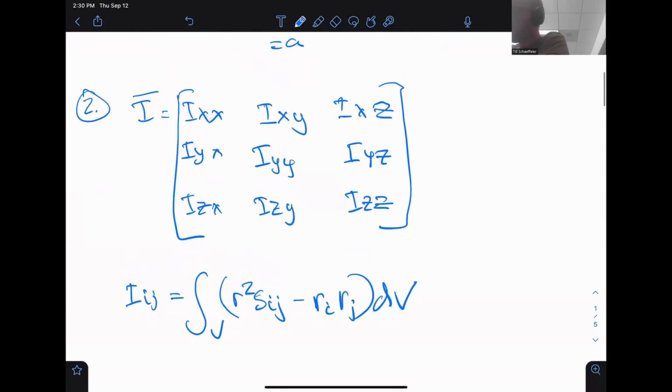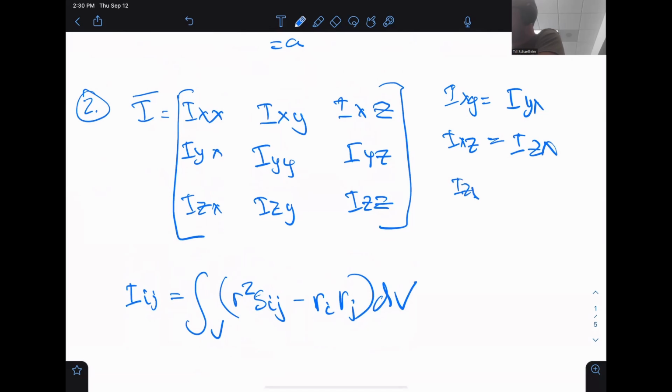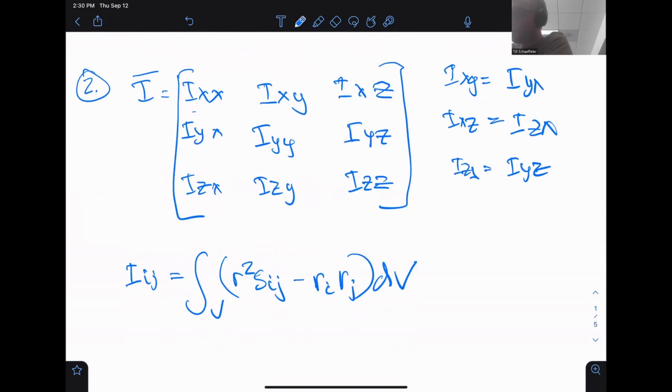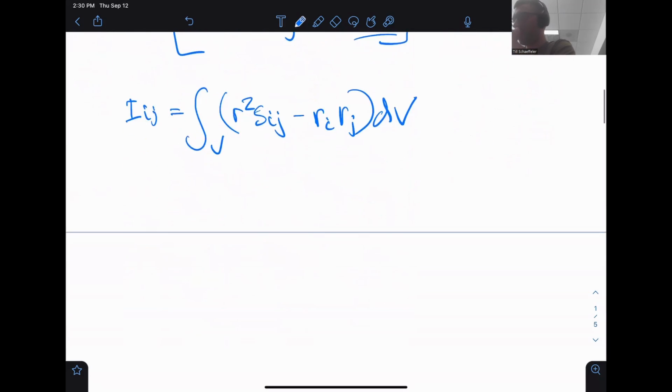Technically this is 9 integrals again, but we know that because the tensor is symmetric, xy is equal to yx, xz is equal to zx, and zy is equal to yz. So it's really only 6 integrals that we have to do.